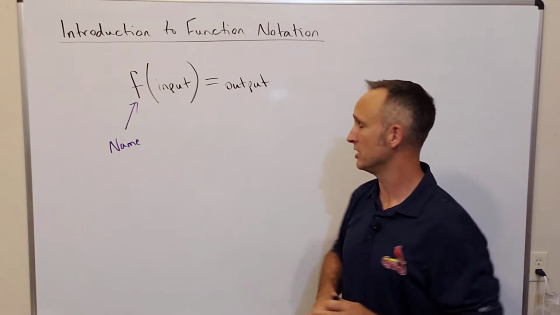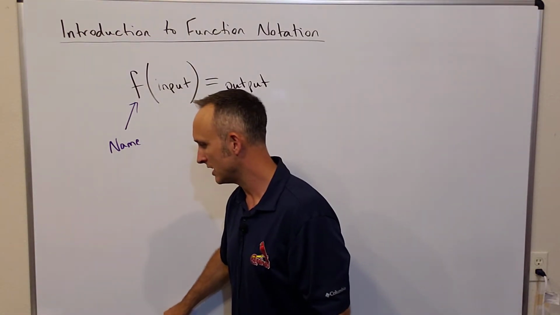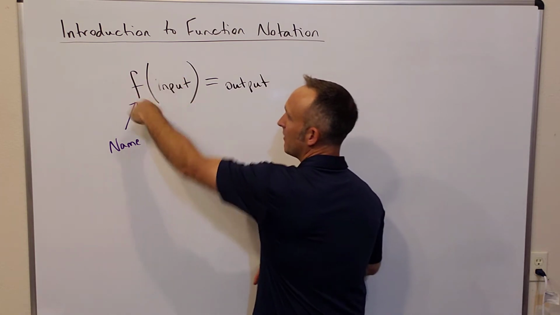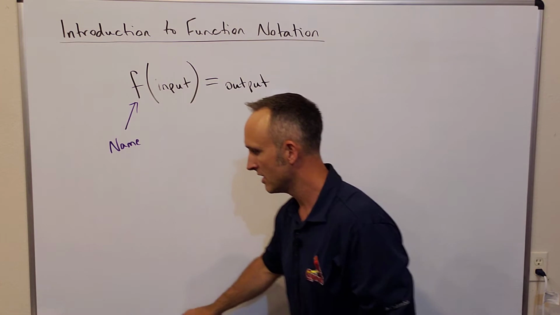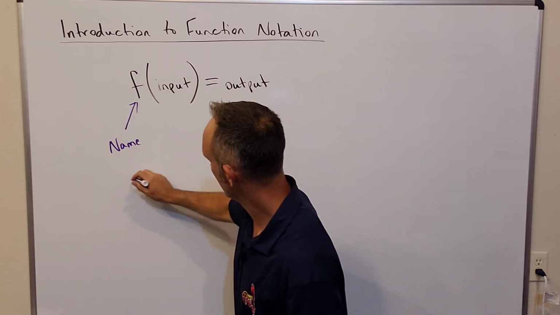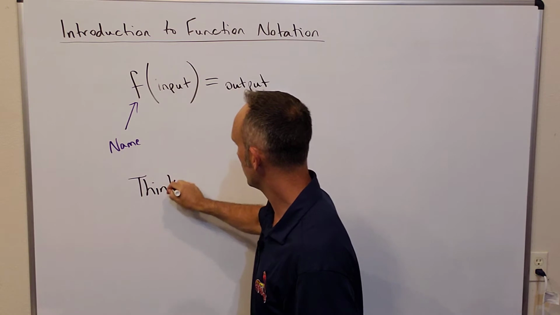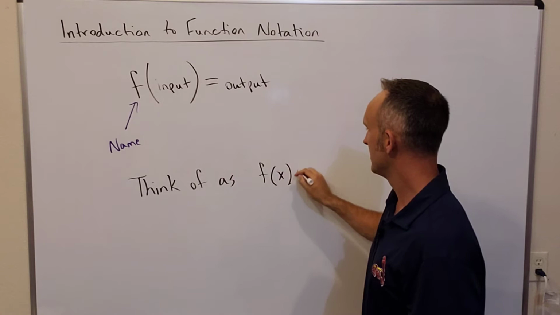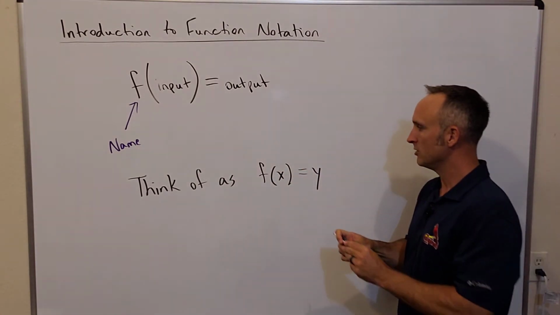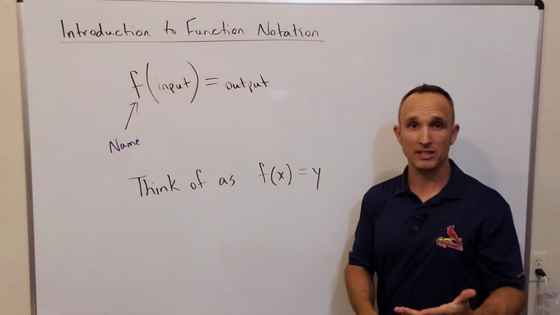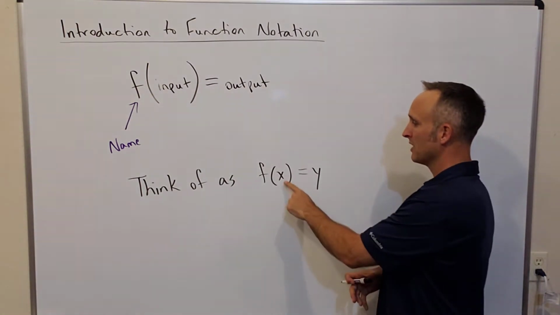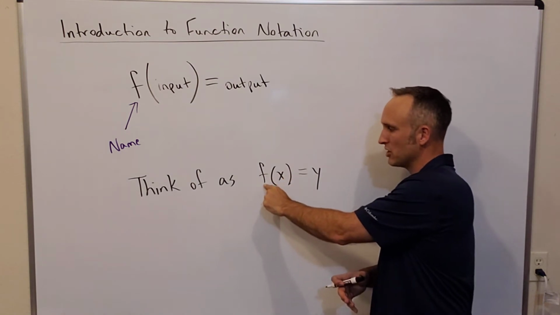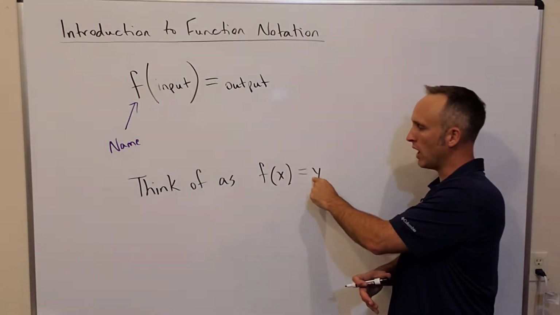You might want to write that out in quotation marks. F of input equals output. All right? So what's in the parentheses is your input, and f of that is your output. Another way to think of it is f of x equals y. So what's in the parentheses is your input, which we typically label as an x value, and after this input runs through this function f, we get the output y, okay?